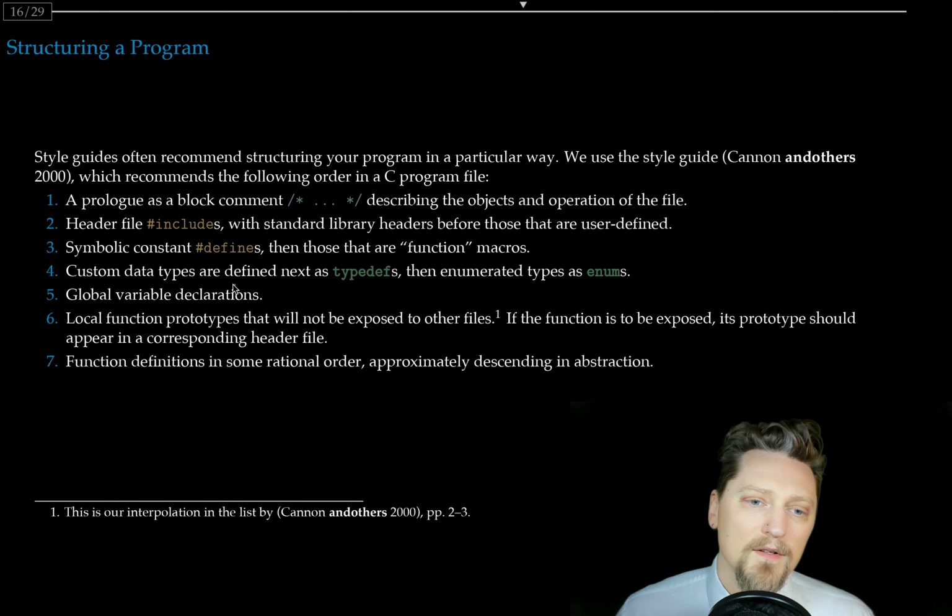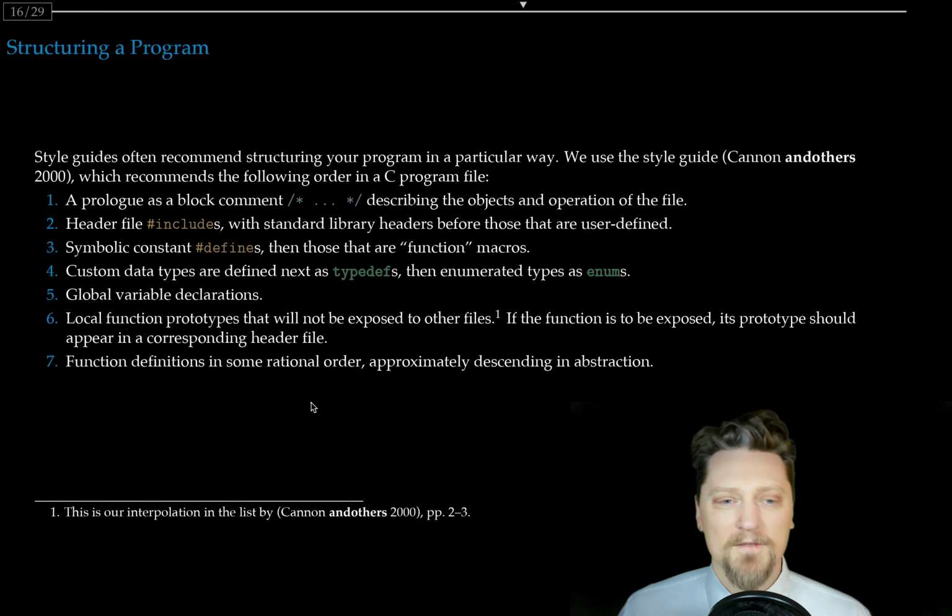If the function is to be exposed, its prototype should appear in a corresponding header file. Function definitions in some rational order, approximately descending in abstraction. So we have most abstract up top, and then we descend into less and less abstraction as we go down, more concrete as we go down.